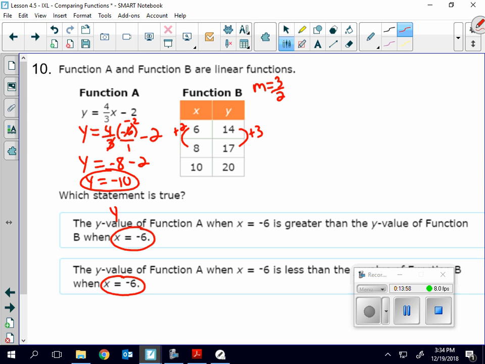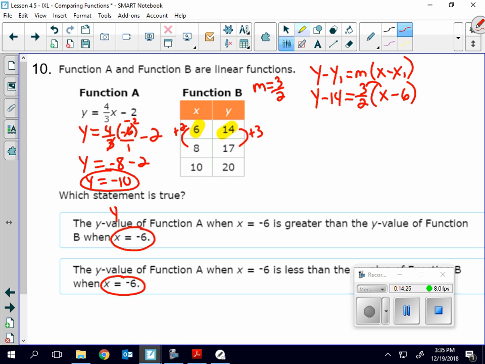Okay, I can use my point slope form and plug in any x and y. Go ahead and use the top one this time because there's no negatives. That one works fine for me. So the y1 is 14. So y minus 14 equals the slope of 3/2 times x minus 6.